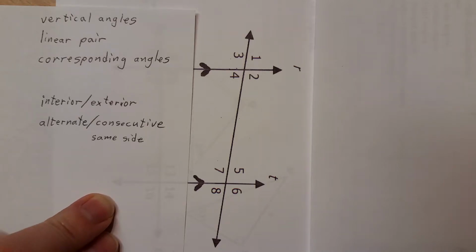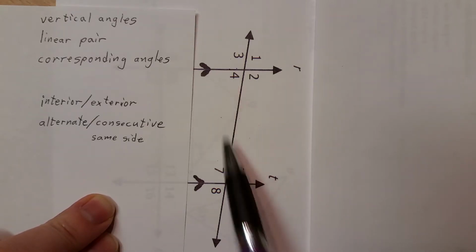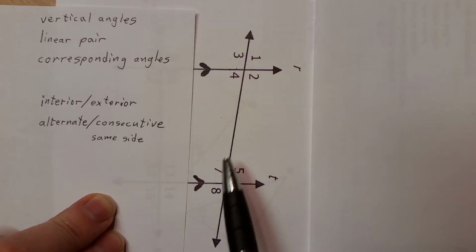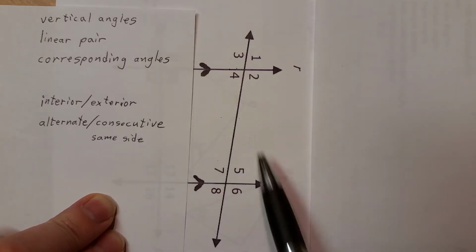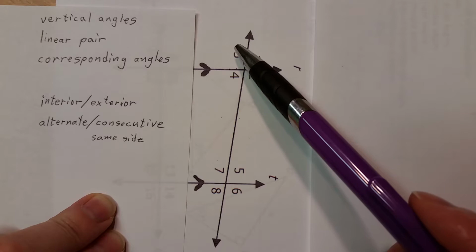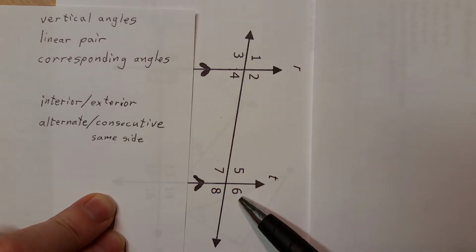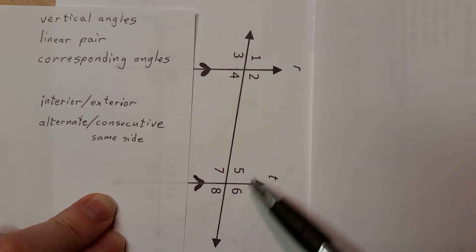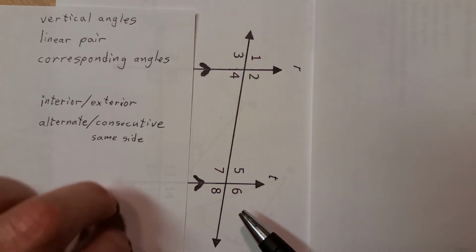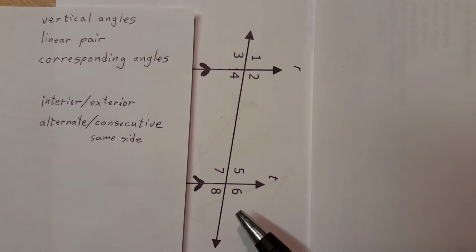So the relationship between, let's say, angle 4 and angle 5, they are on alternate sides. They're on opposite sides, and they are in between the two lines, so that would be alternate interior. 2 and 7 are also alternate interior, and 3 and 6 alternate exterior, because they alternate one side to the other, and they are on the outside, the exterior of the two intersected lines.